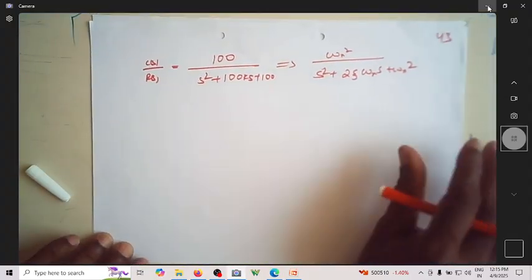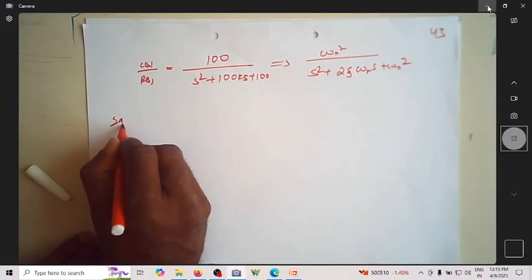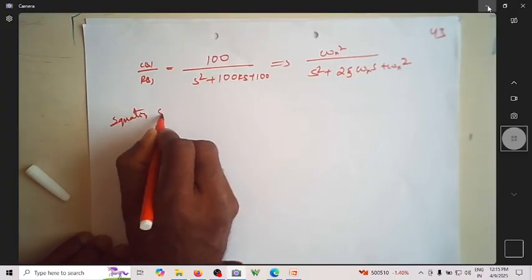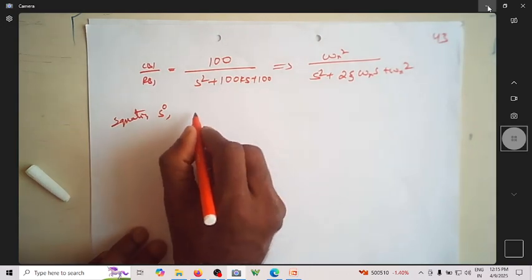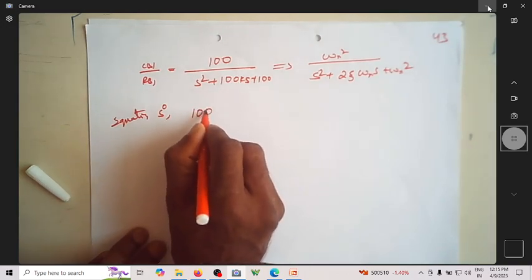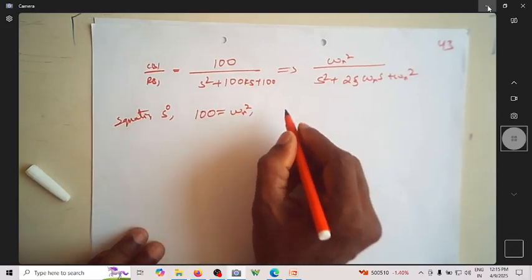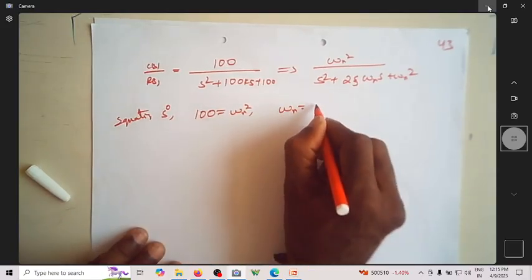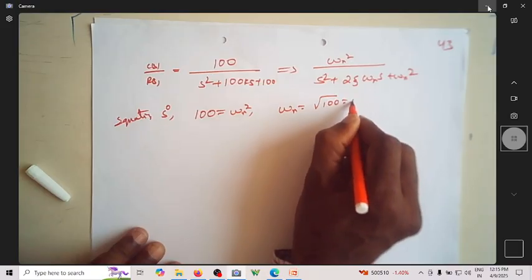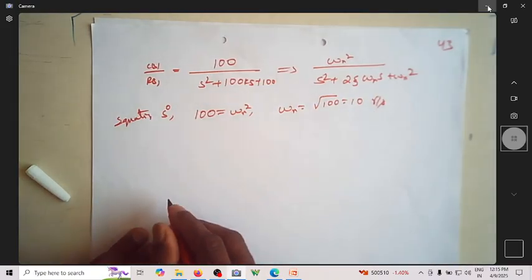So now you try to equate the coefficients. When I equate the s power 0 coefficients, don't you have 100 is equal to omega n square, from which we can write omega n is equal to root of 100, which is nothing but 10 radian per second.